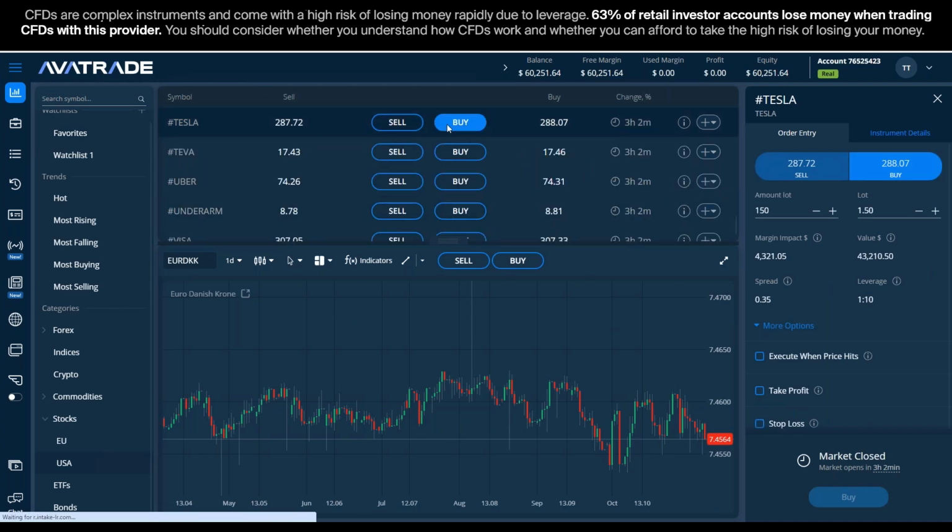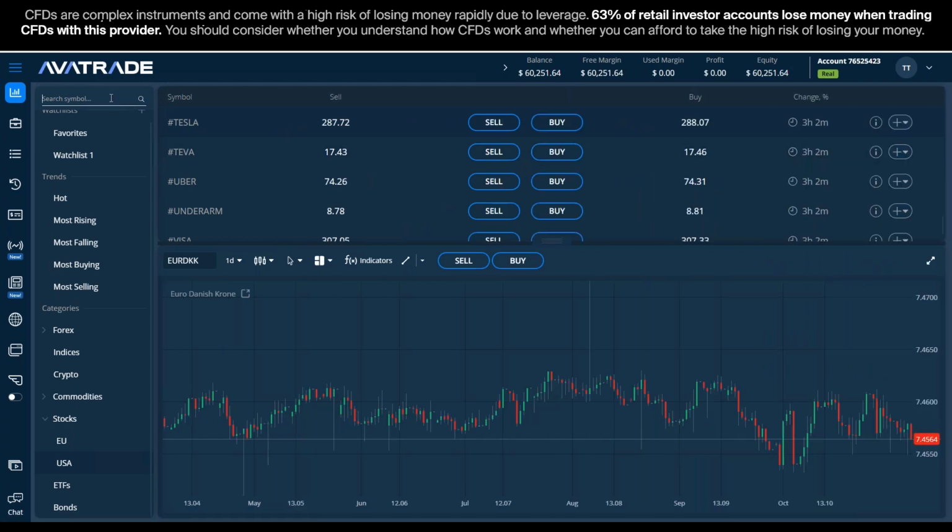If I want to buy or sell on Tesla, let's bring up the chart first. And see what the chart looks like. If I can load the chart, let's try it again. Try it from here.